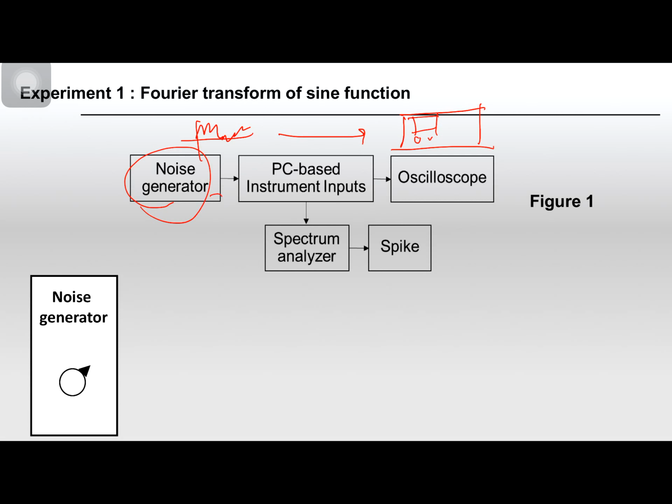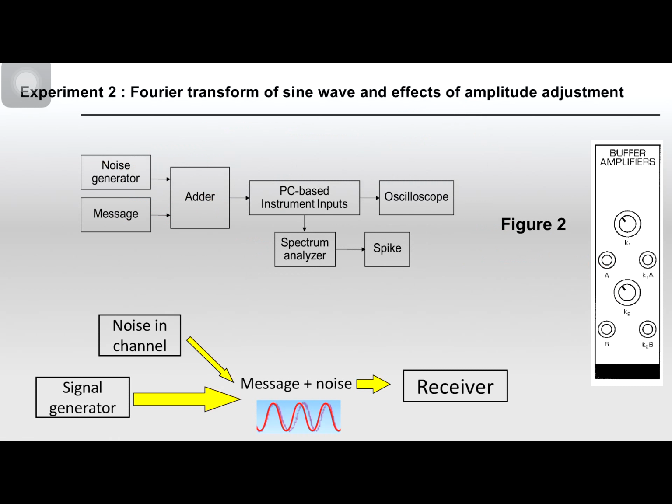Also, you have to observe the frequency spectrum of the noise. So you have to do two things in this lab. The first one, show the noise, and the second one, show the frequency domain of the noise.